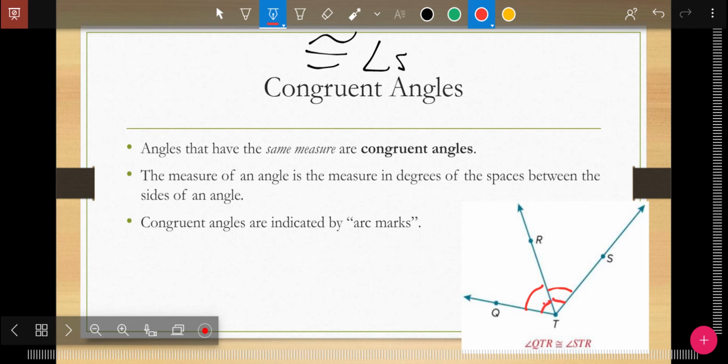So those little marks, just like when we had a segment and another segment, I knew they were congruent by the tick marks. I know the angles are congruent by these arc marks. I will call them tick marks too, to be honest, sometimes.